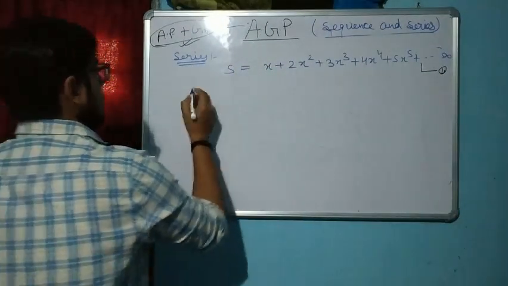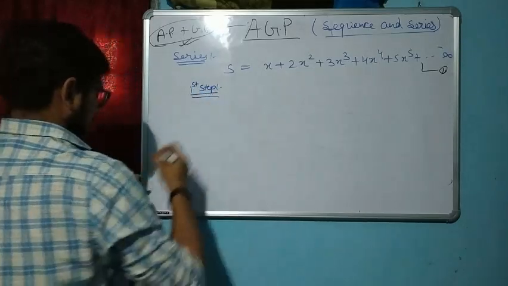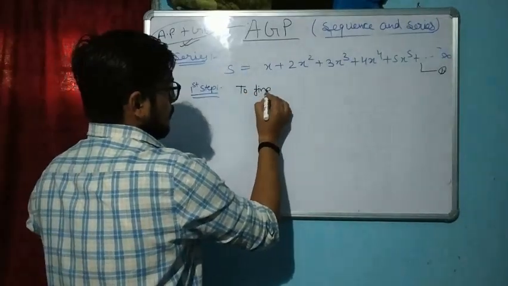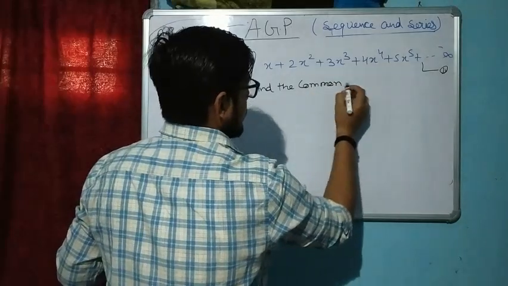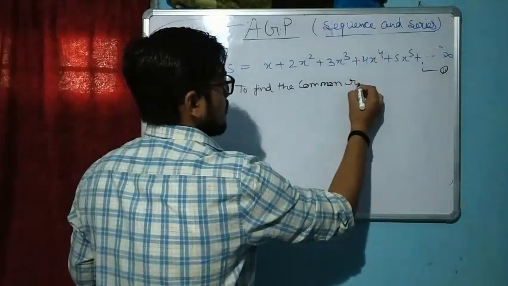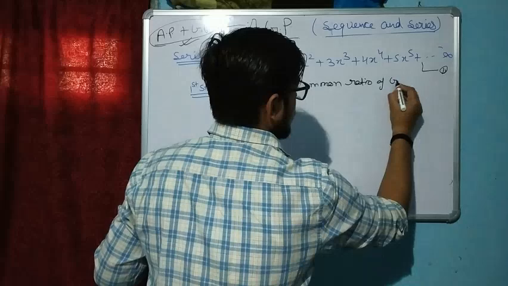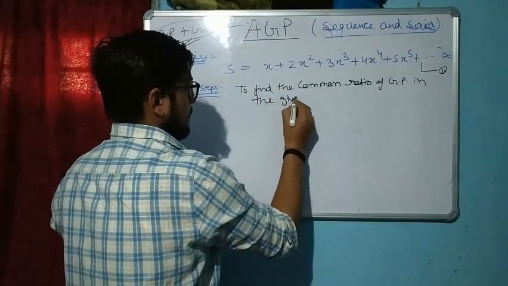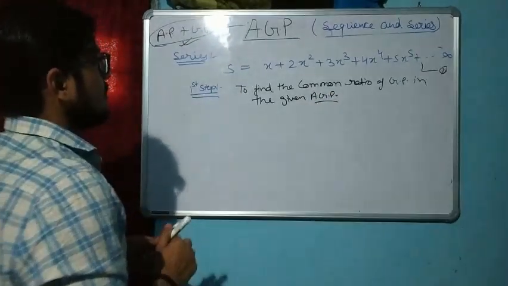Now the first step is to find the common ratio in the given geometric progression in this AGP. We already found that, and it is x.